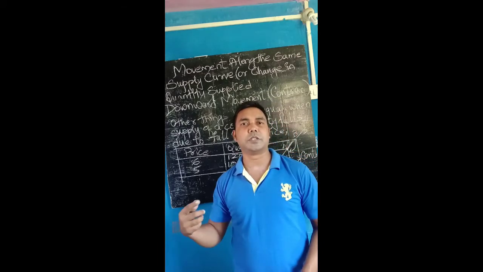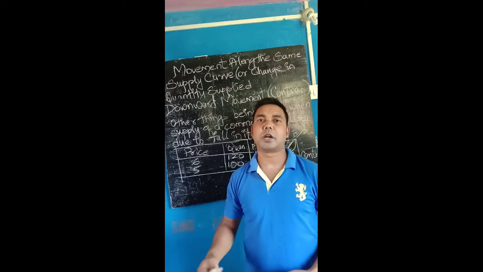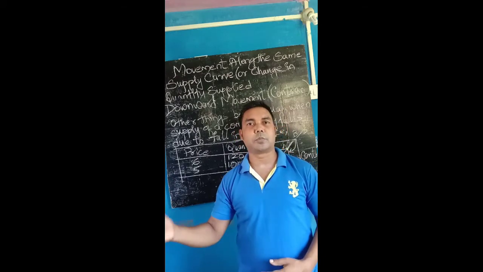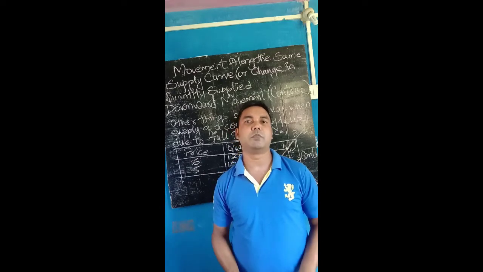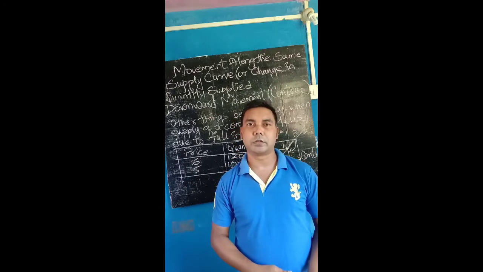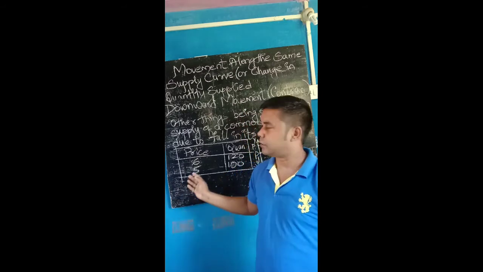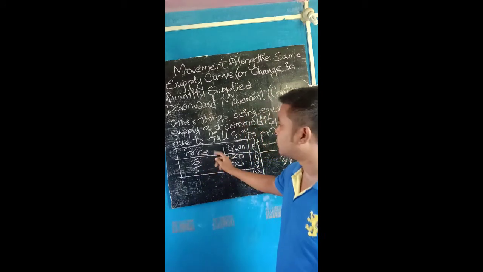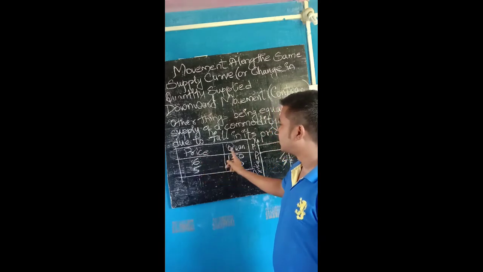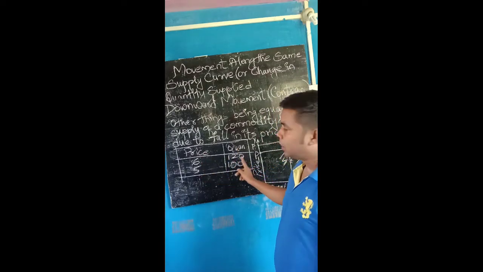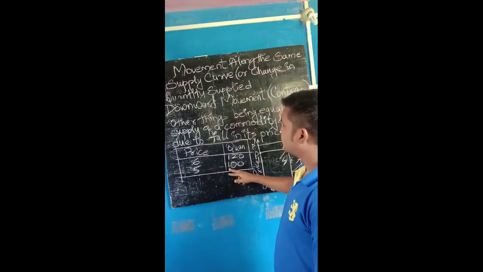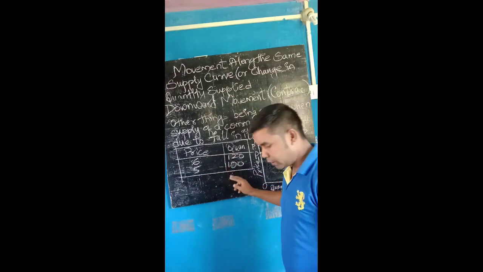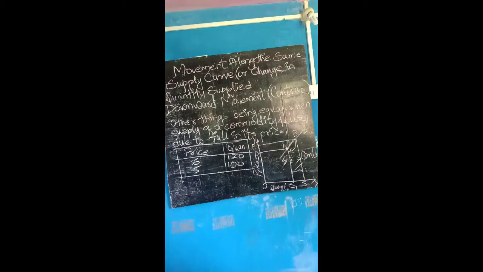When the price was rupees 6, the quantity supplied was 120, and when the price decreased from rupees 6 to 5, the quantity supplied also decreased from 120 to 100. This I have shown you in the chart.